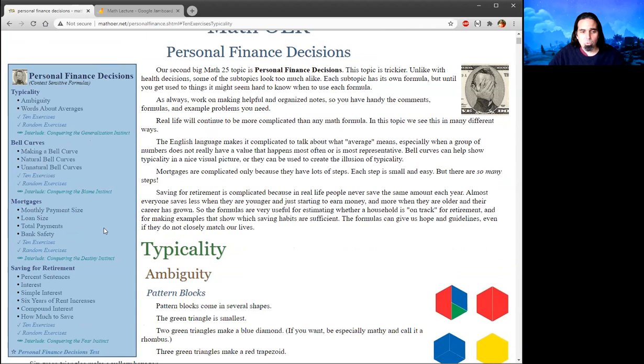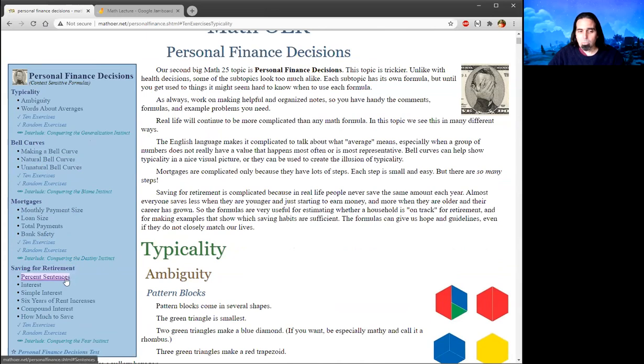We can always do more if you need some review. There were some things that were just read at home, so I'm not simply reciting things to Zoom that you could read by yourself, especially in the bank safety section and the bell curves thing. So read through this if you haven't, but we're going to move on and talk about saving for retirement.